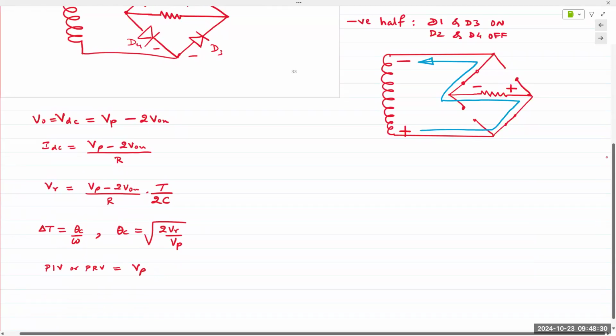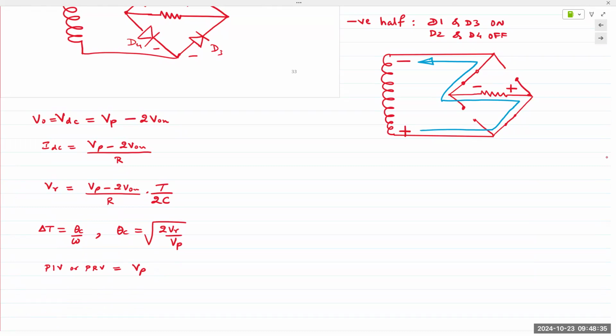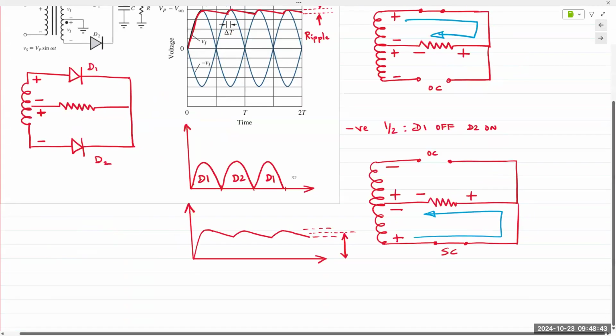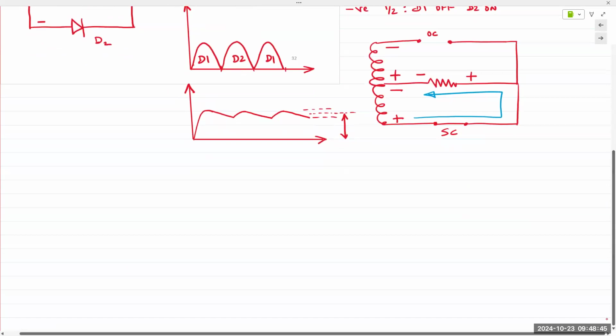It's still the time constant. Any other questions? Center tap is also almost the same, except that the peak inverse voltage must still be twice because there's only one diode for each half cycle.